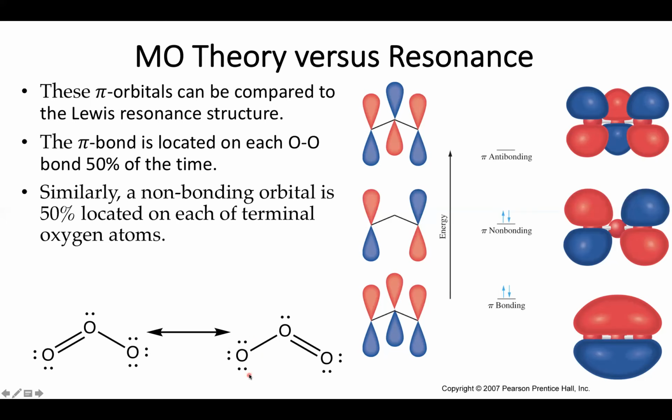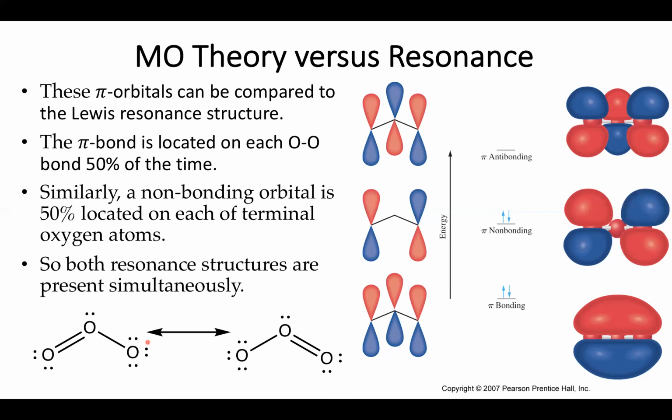The biggest difference when we're looking at MO theory is that it's showing that this is all happening simultaneously, because the electrons aren't on one or the other. They're on both, just not evenly, not all the time. And this is a very cool and nuanced piece of information we get out of MO theory. And so this is really what resonance is telling us.